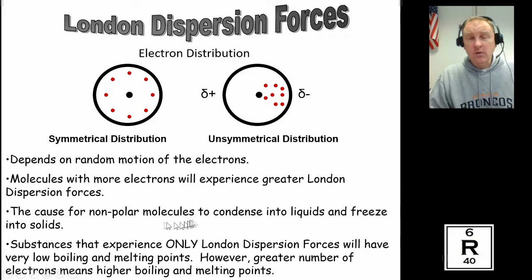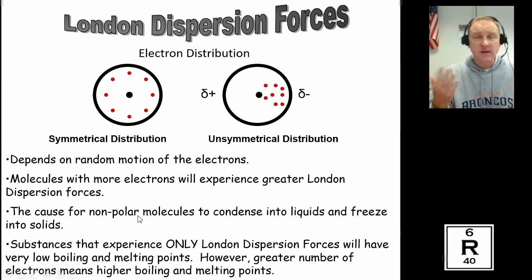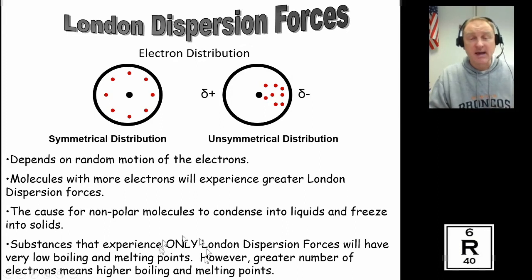This is the cause for nonpolar molecules to condense and freeze and to become liquid and solid. This is the reason why you can actually get nitrogen to become a liquid, because of the London dispersion forces. Substances that experience only London dispersion forces will have very low boiling points and melting points. That means they boil at very low temperatures and they melt at very low temperatures. It means they're usually going to be a gas.